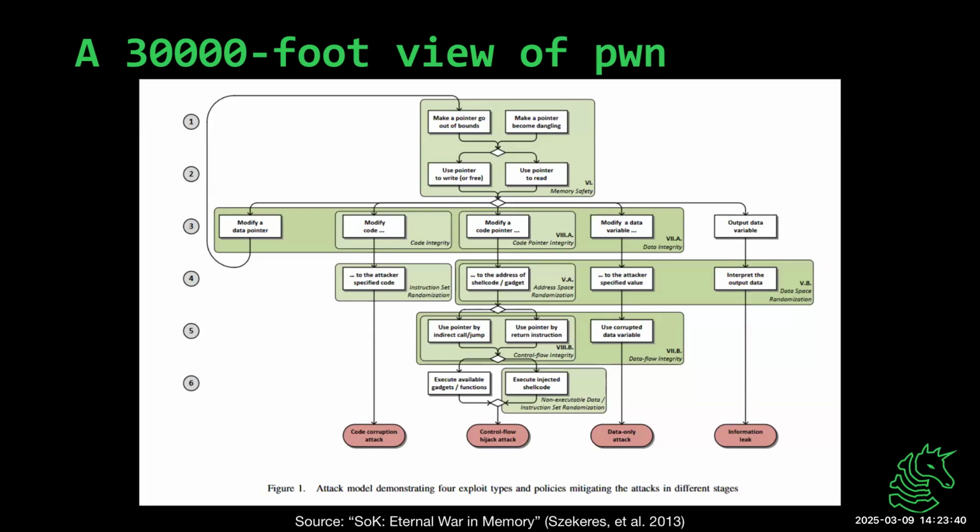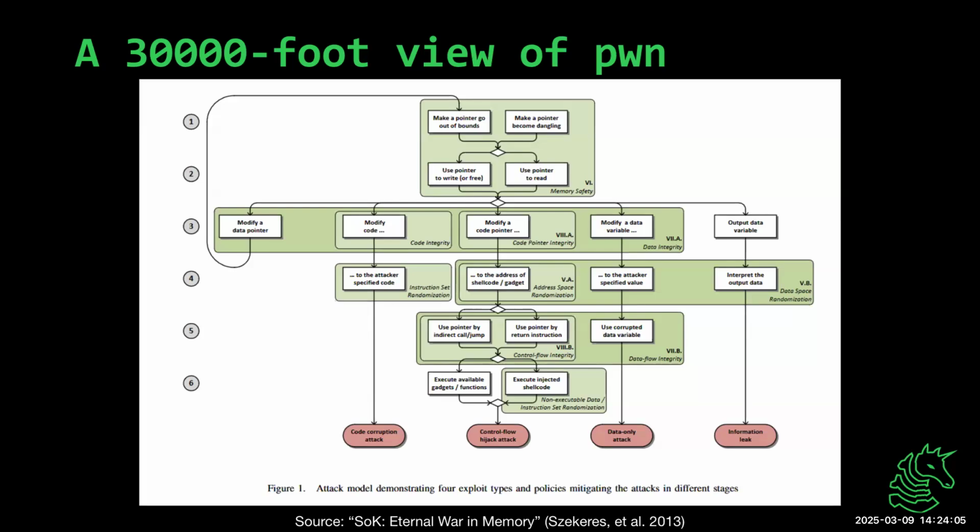Row 3 middle: you can modify a code pointer to point to shellcode, which is your injected code that will execute and usually open a shell. Again, now there are defenses against this, like data execution prevention, NX or whatever. So that's usually less common.